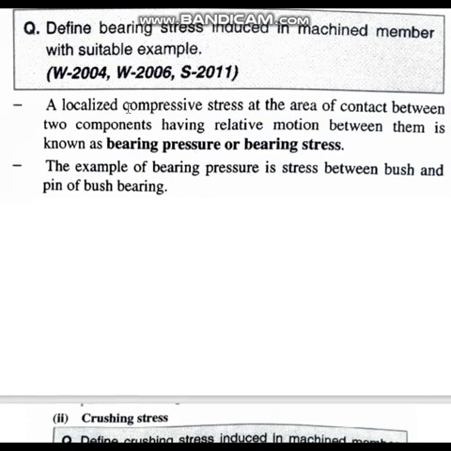All the other stresses are body stresses, and this stress is a localized stress. Localized means that only on the surface where the area of contact is there, only there you will have the stress. For example, on the seat you are sitting, only that surface will experience stress, not the inside of the metal.